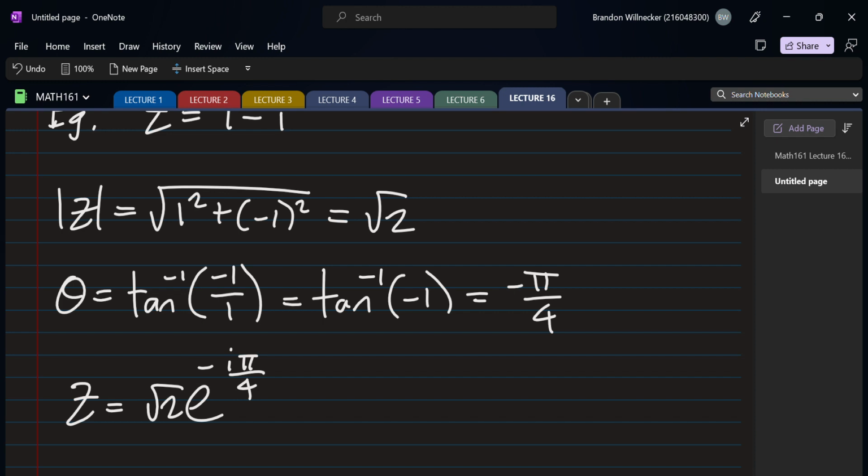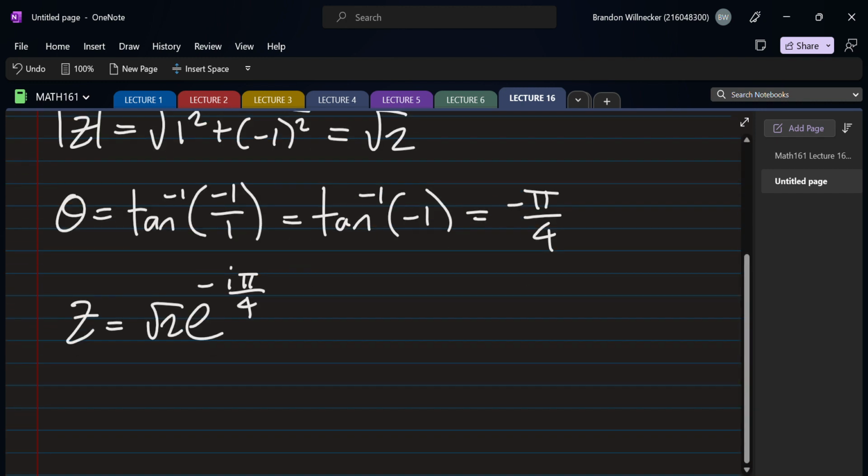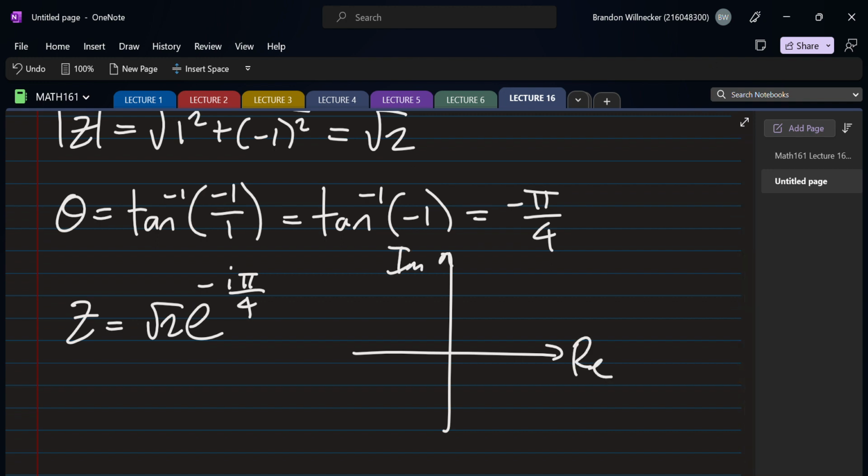And we can represent this with a little diagram. So we've got the real part, we've got the imaginary part, and here the radial distance is root 2, and the angle is minus pi over 4, so that's going to be somewhere here. So here, minus pi over 4. So positive angles, they go counterclockwise.